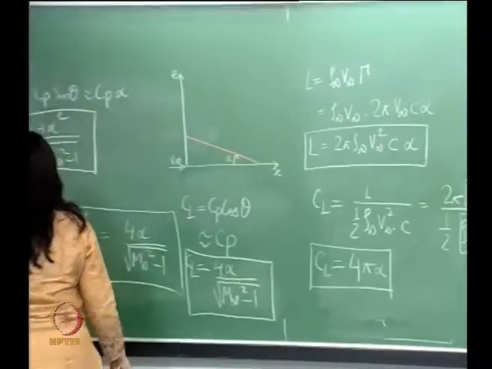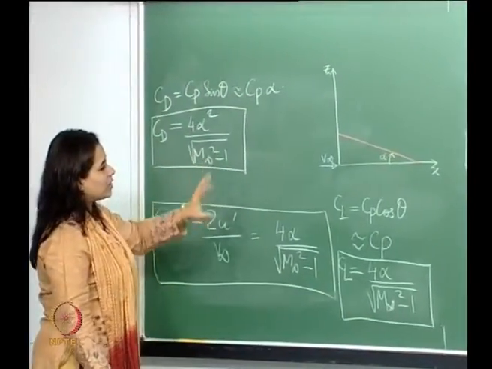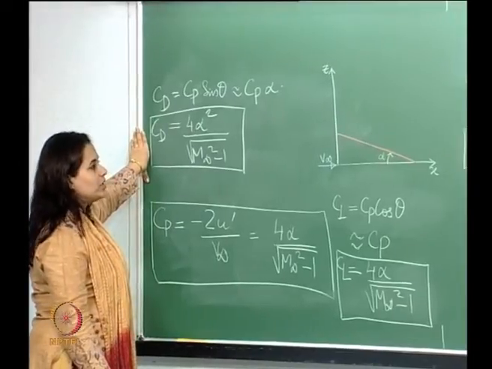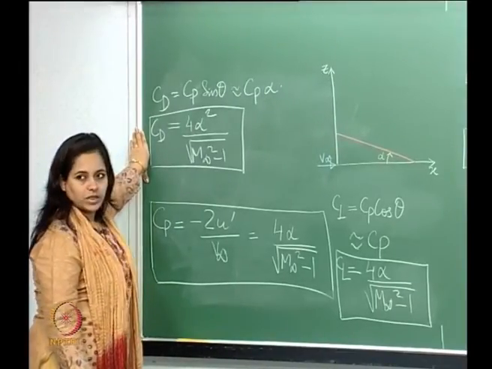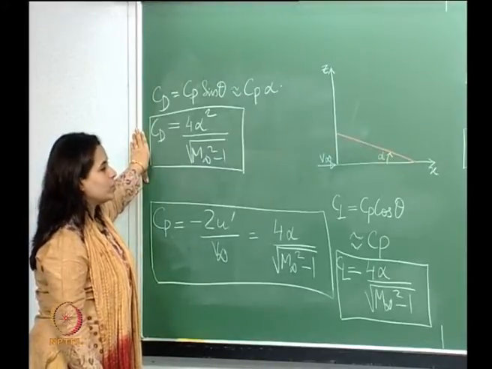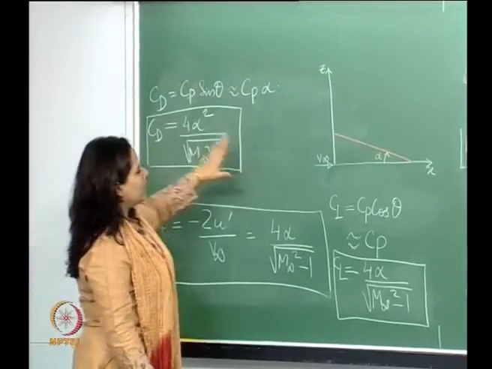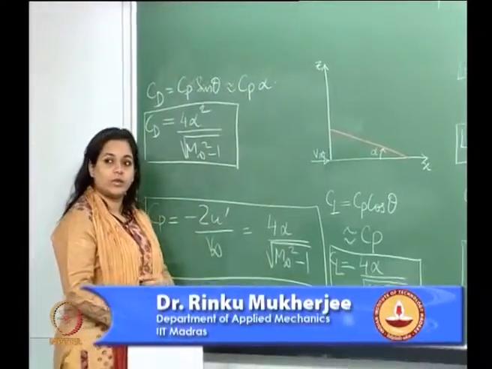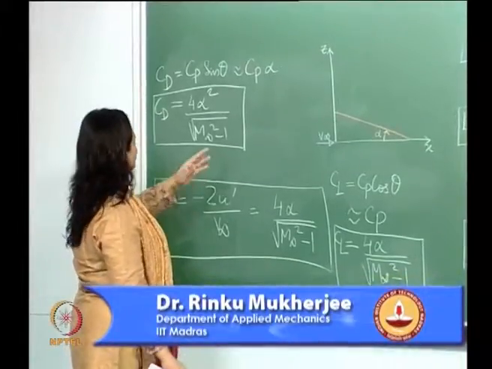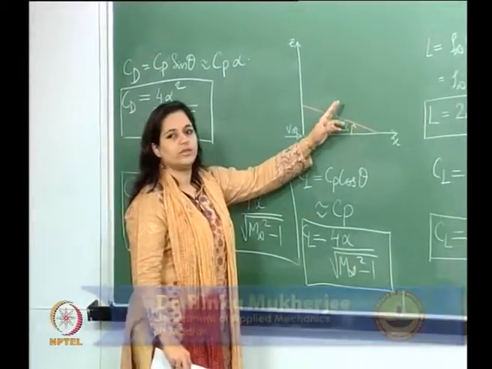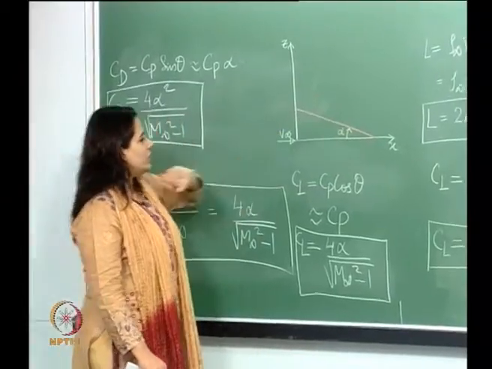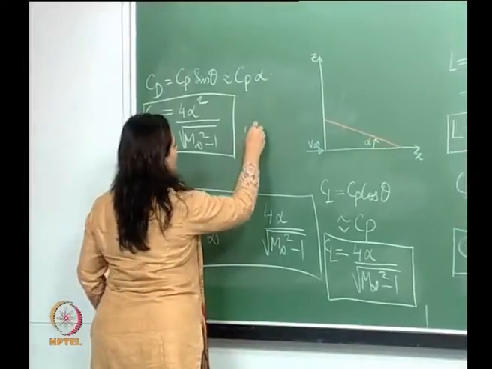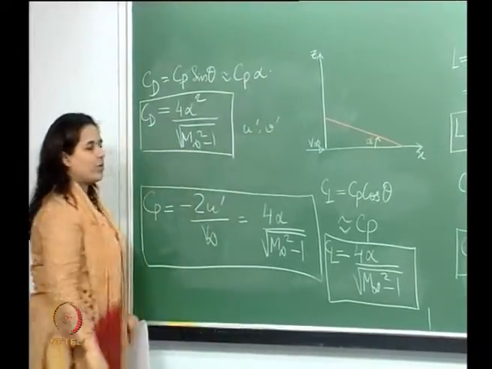Instead, when I used the perturbation theory, which is again a linearized theory, and used the normal component of the perturbation velocity, we got an expression for u dash and v dash, the perturbation velocities.